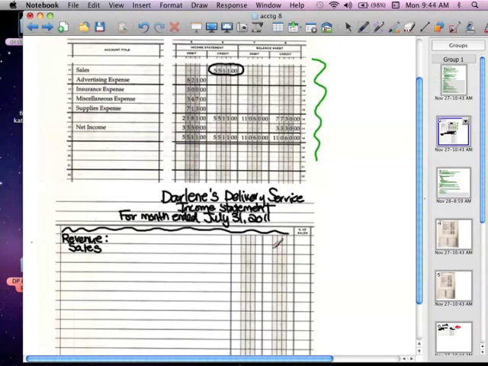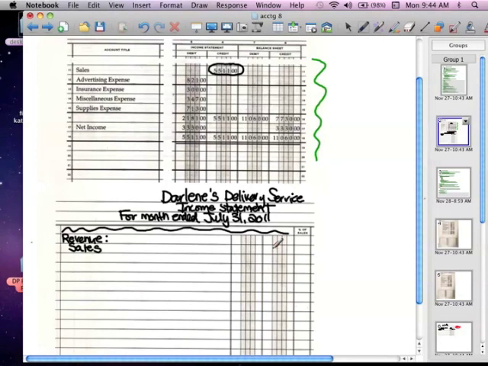The first column is for any calculations that need to take place. The second column is for totals. So, is the sales a total, or are we going to have to calculate it? We already know it, right? So the 5,511 is a total. We already know what it is, so there's no figuring that's going to have to take place.